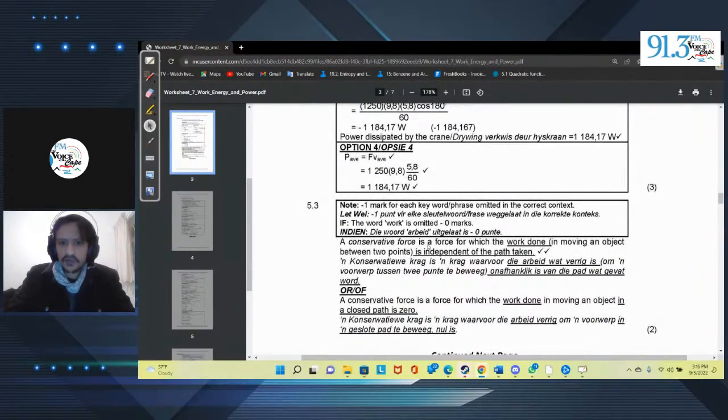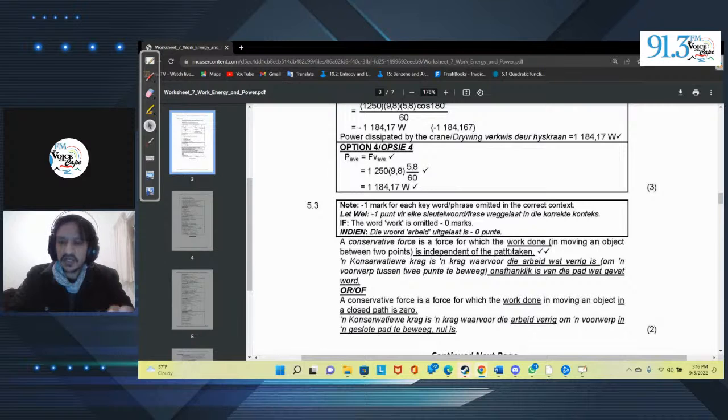So a conservative force is a force for which the work done in moving an object between 2 points is independent of the path taken. Right? So your work done is independent of the path taken. That's what a conservative force is. So it doesn't matter what the path is, it's not going to affect the force in the system. Right?